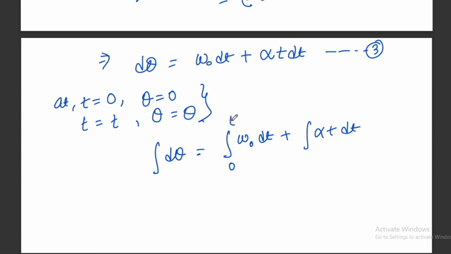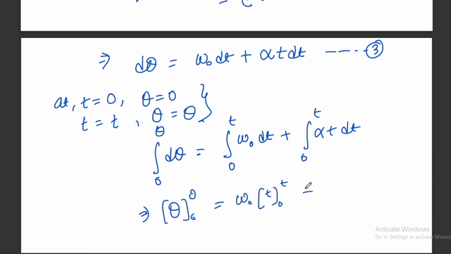This is 0 to t, 0 to t and 0 to theta. So it will be theta from 0 to theta, and omega naught will be outside, so it will be t from 0 to t, plus alpha will be outside, so t dt, integration of t dt is t square by 2, that is x to the power n plus 1 by n plus 1, so 0 up to t.